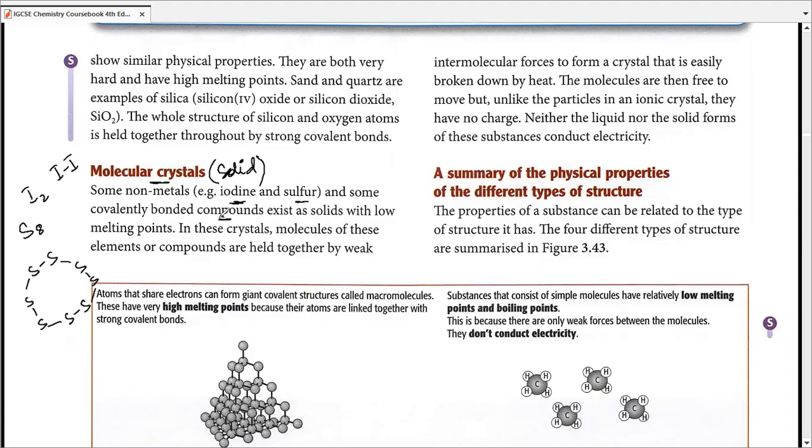So these are covalently bonded compounds. They exist as solid. They have low melting points really. In these crystals, the molecules of elements or compounds are held together by weak forces of attraction. So one I2 can attract another I2 by weak forces of attraction, or one of this ring can attract another of this ring.